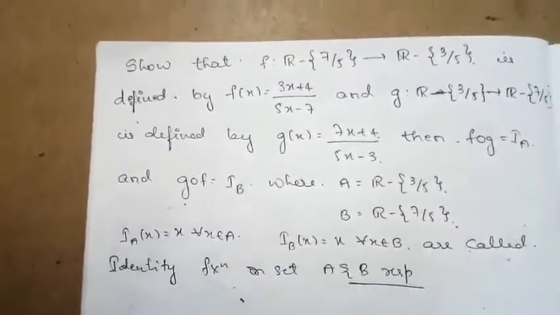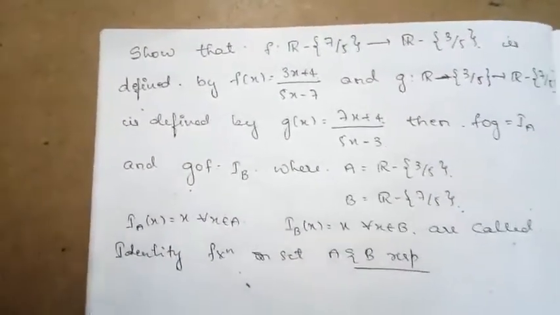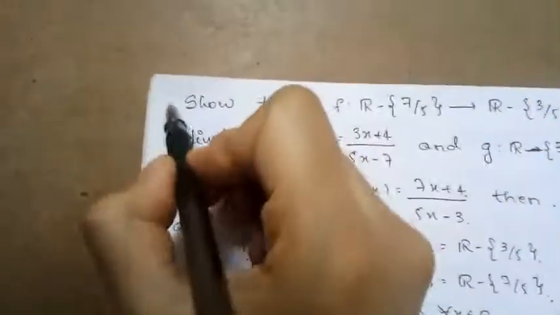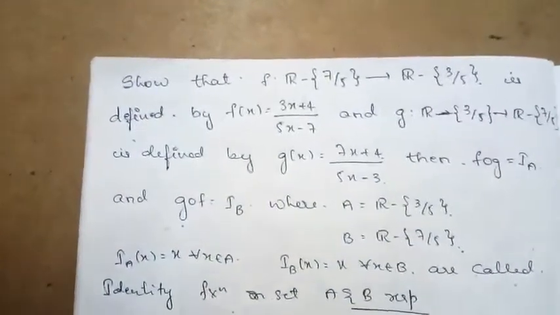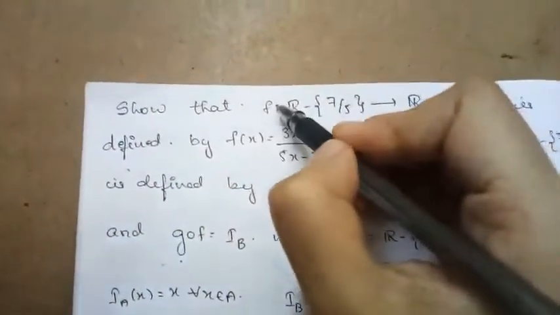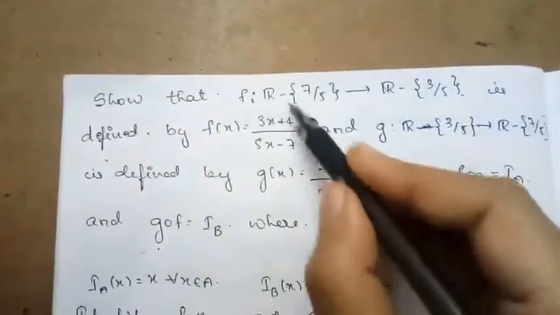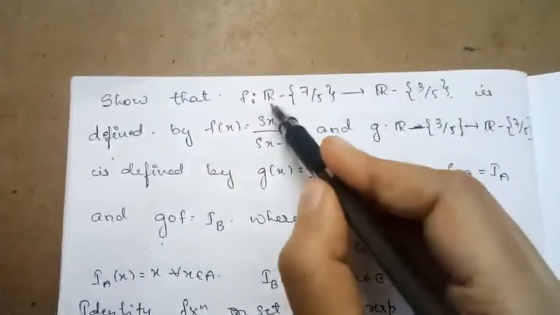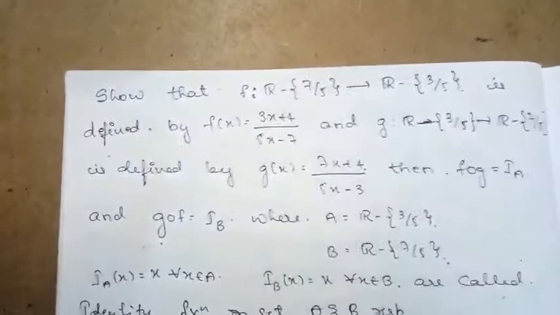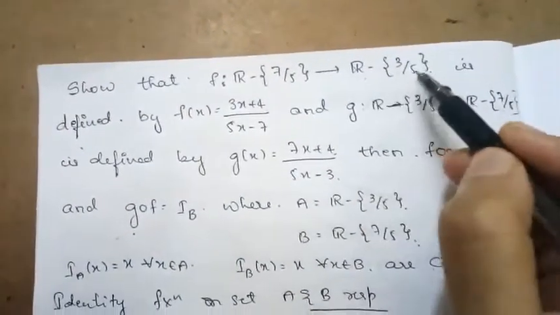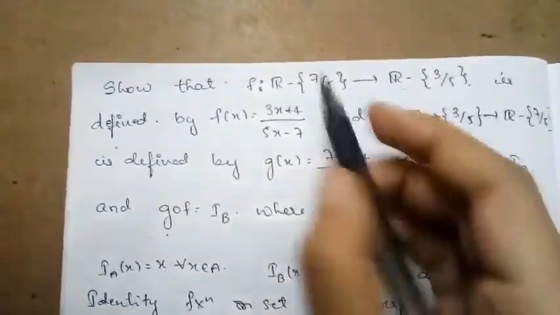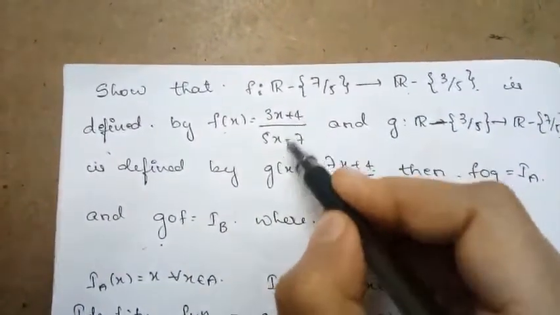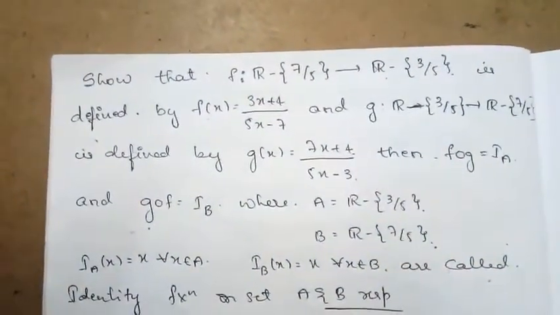The question might look big, but here we are learning one of the concepts through it. They have defined a function f from the set of real numbers excluding 7 by 5 to the set of real numbers excluding 3 by 5, and the function is defined as f of x is equal to (3x plus 4) divided by (5x minus 7).